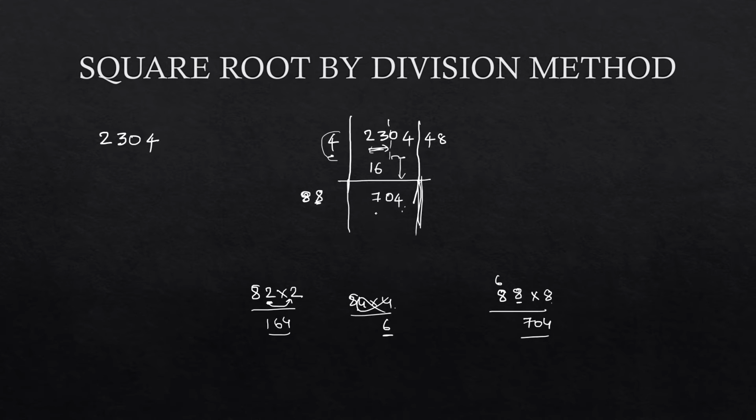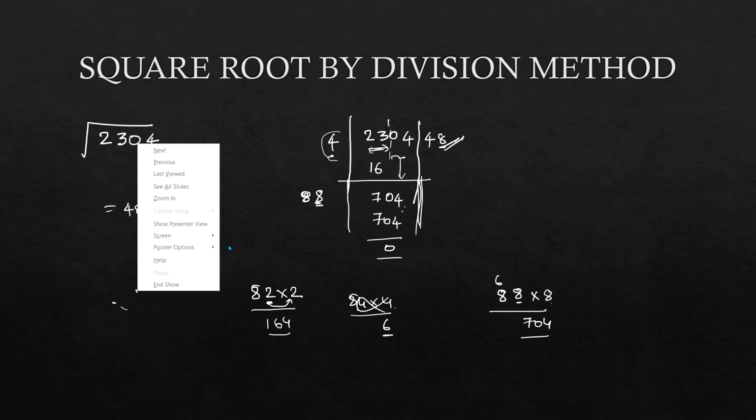So the answer is 704, the remainder is 0. Therefore the square root of 2304 is 48. The answer is 48. Okay, so as a whole, let me explain once again, since it involves a lot of operations.